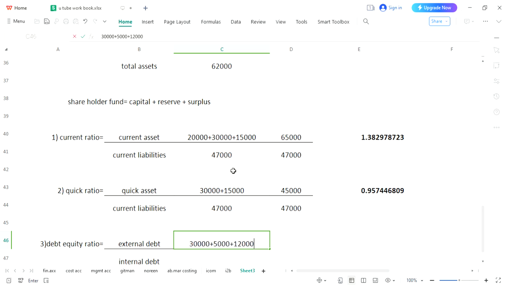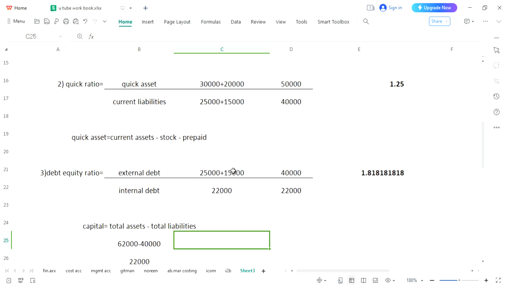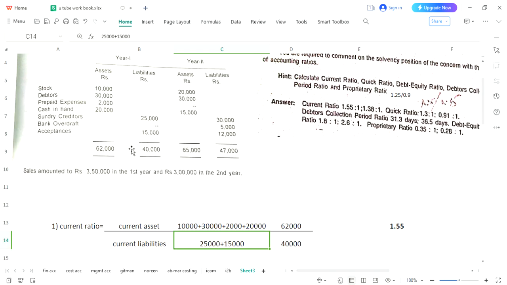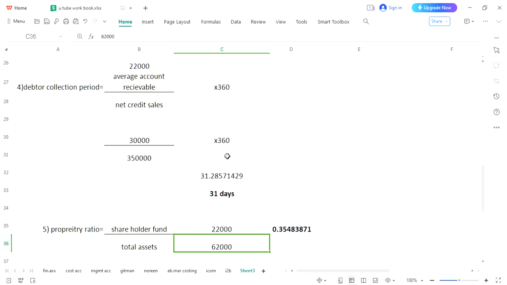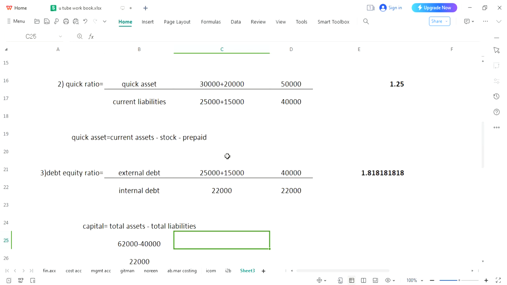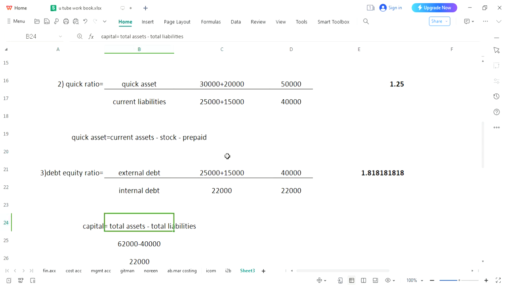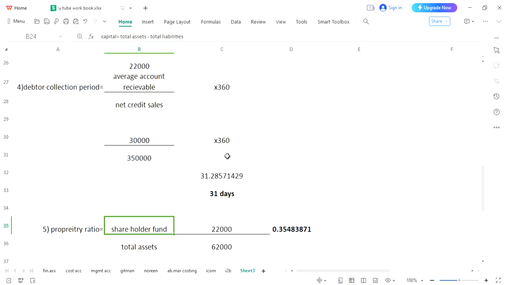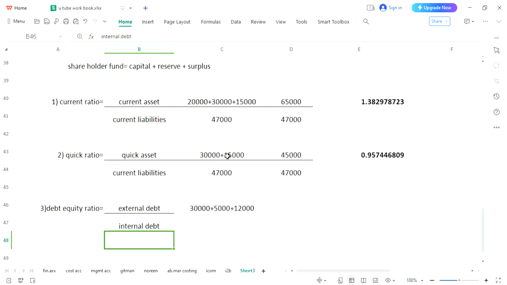And 12. Internal debt, as you know, we have to subtract total liabilities from total assets. The difference is capital. 65,000 minus 47,000. Okay, we'll solve it. Here we have calculated our capital, taking it over here.